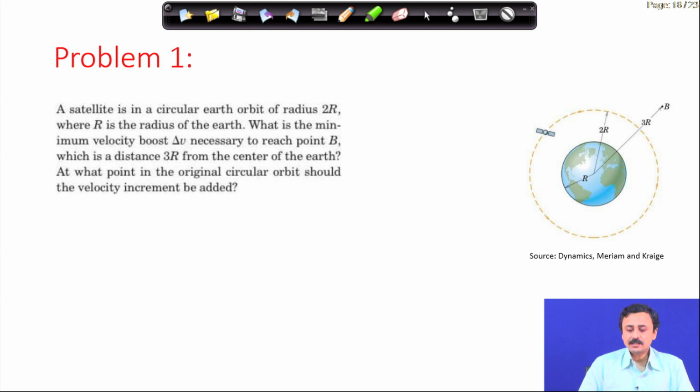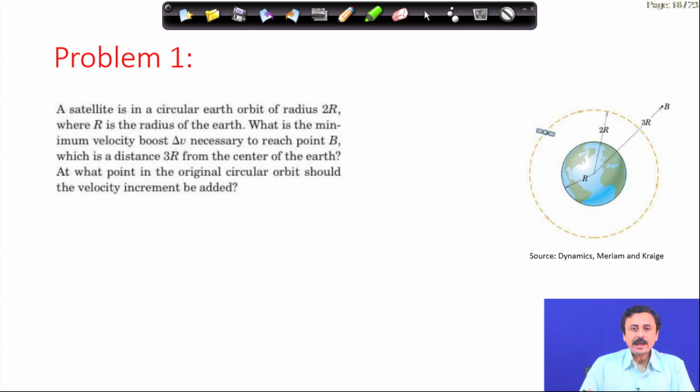The satellite is in a circular orbit, therefore, the radius of the orbit is already specified, it is 2r. You can find out the orbital speed. Now, the question arises, what is the minimum, because it is asking the minimum energy boost that is required to reach that point B. When will I have the minimum energy boost?